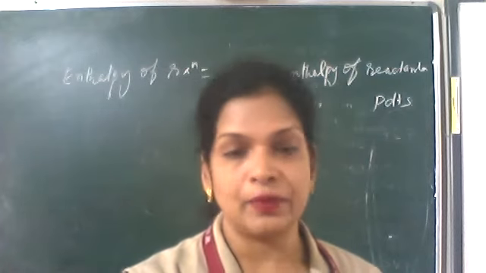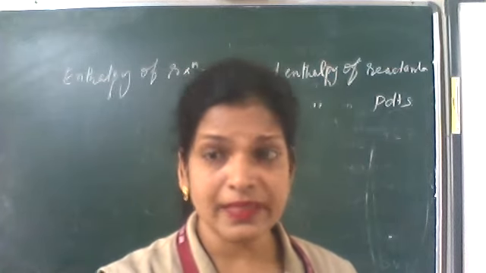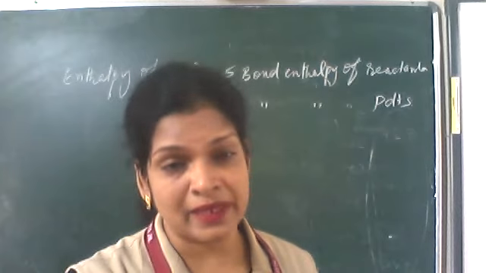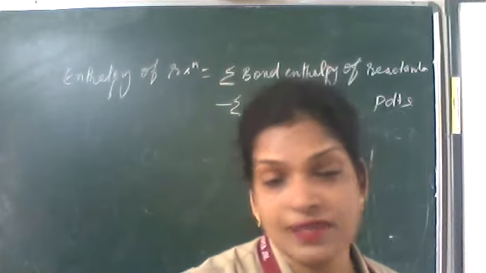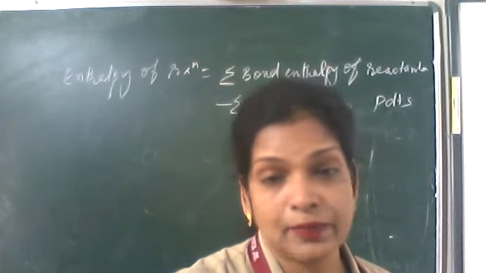Calculate the bond enthalpy of HCl. That means, to break the bond between H and Cl, how much energy is required? That is what is meant by bond enthalpy of HCl.